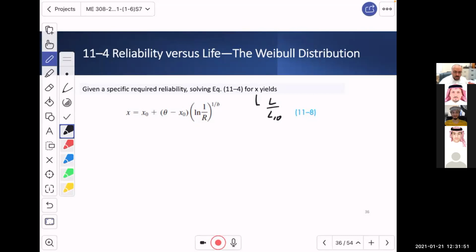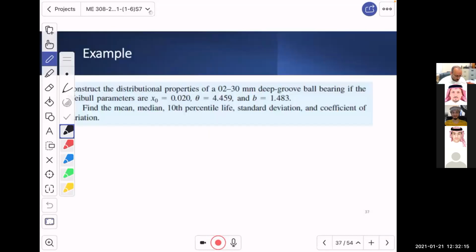If you look, this is the reliability, and this is what you should expect. Of course, X is L over L10, and if you know L10, you can easily multiply it by X to get L, and you can get the life with a specific reliability. You understand that?